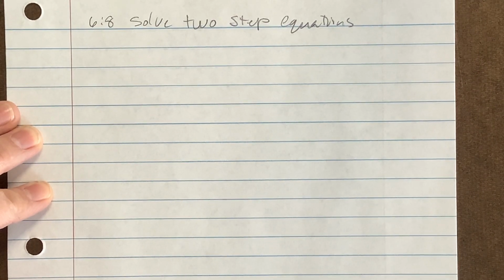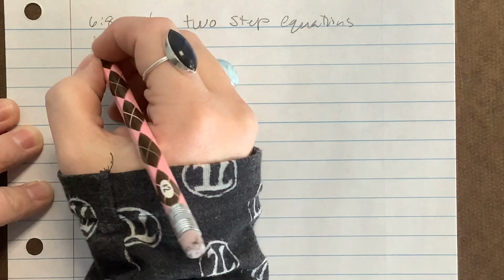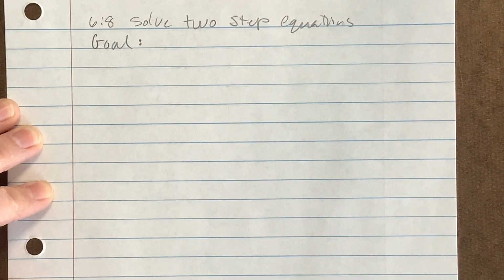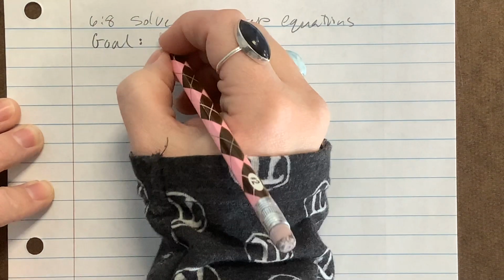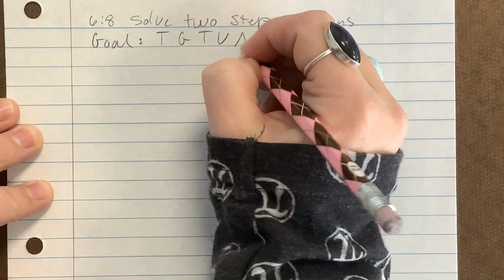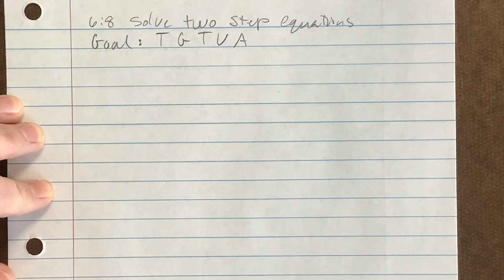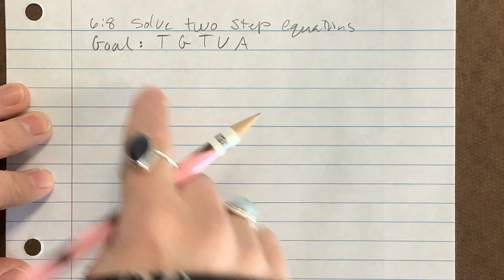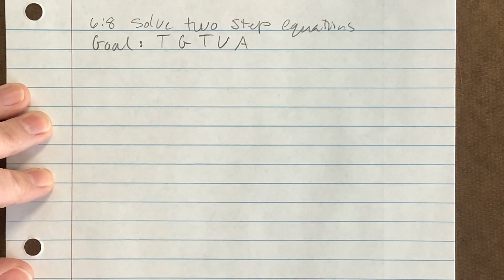So first, let's just remember our goal of algebra. The goal is to get the variable alone. Sure, it's faster, right? And remember, how do we get the variable alone? We undo the math that's with it.